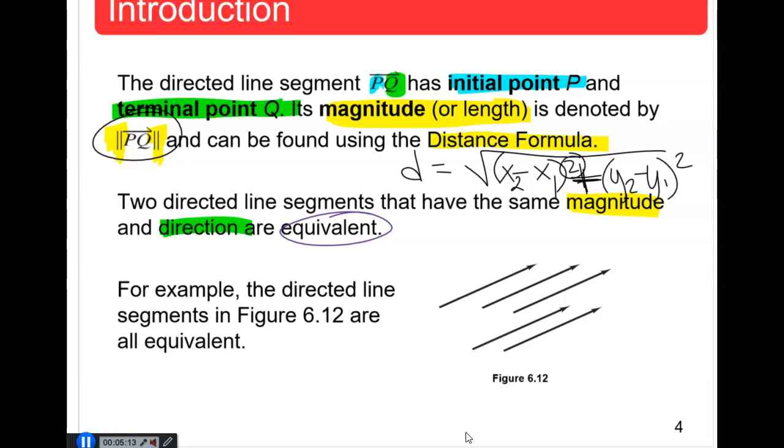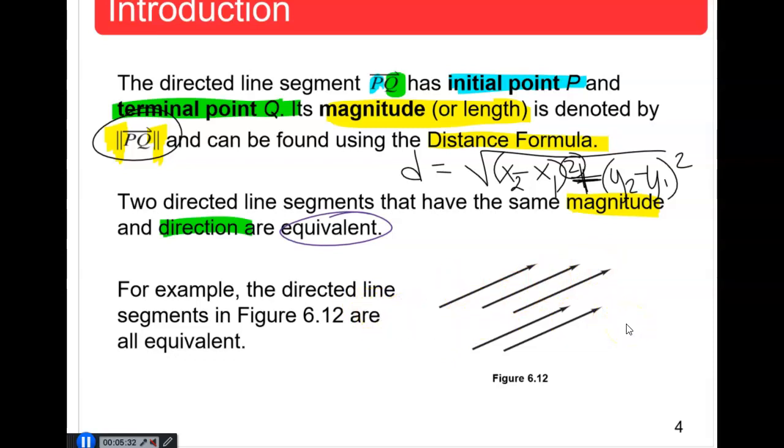So you could see all the vectors here. Each line represents one vector, or in this case, the PowerPoint is referring to that as a line segment. And you could see that they all have the same length, and they are all pointing in the same direction.